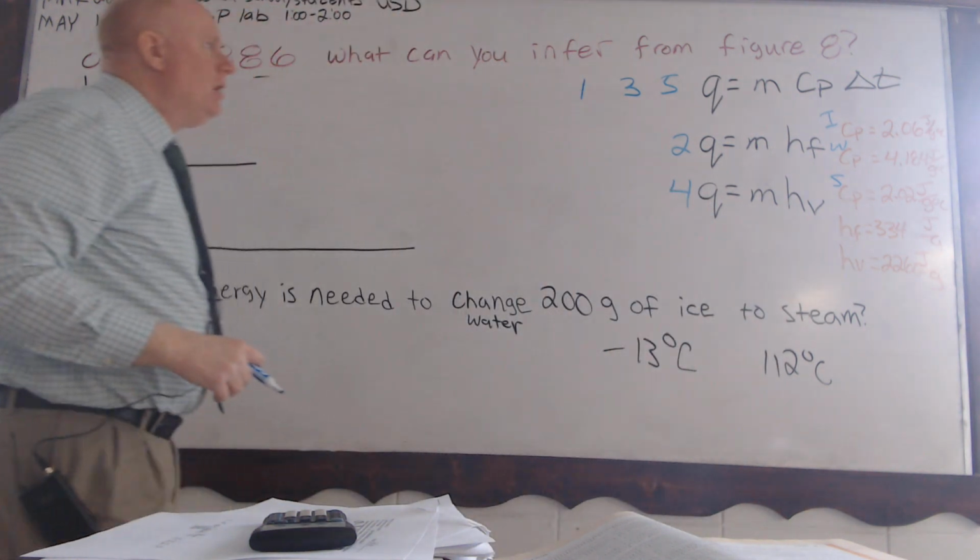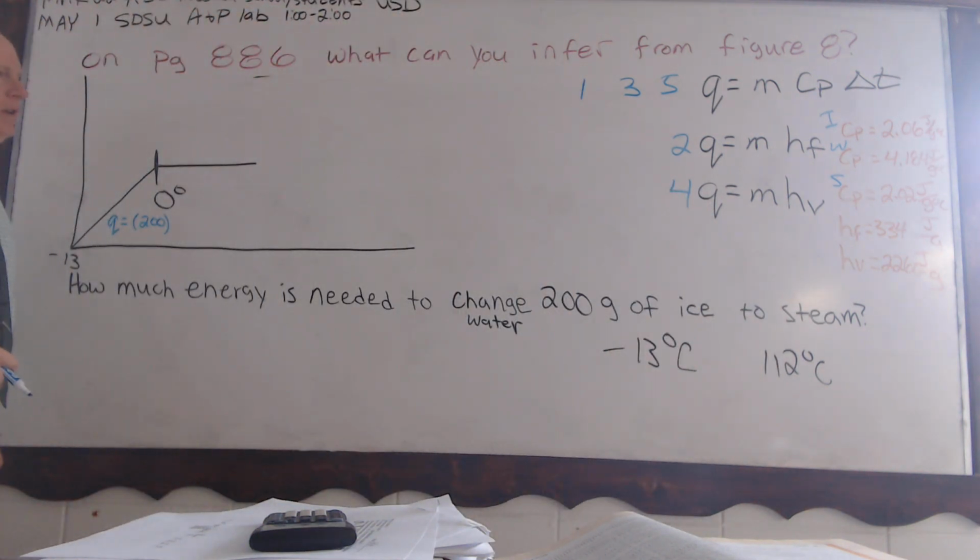So, our specific heat for water in its solid state, which is ice, would be what value? 2.06. 2.06. See, now you can say it correctly.